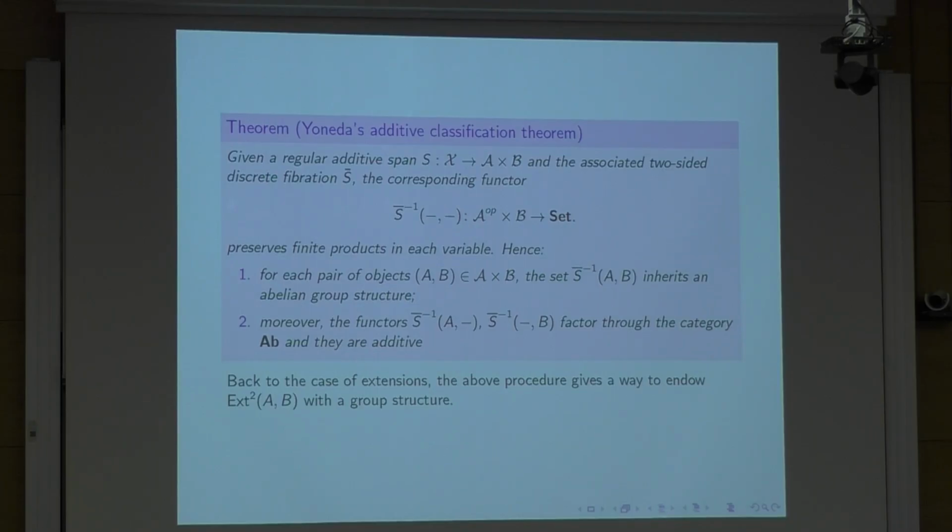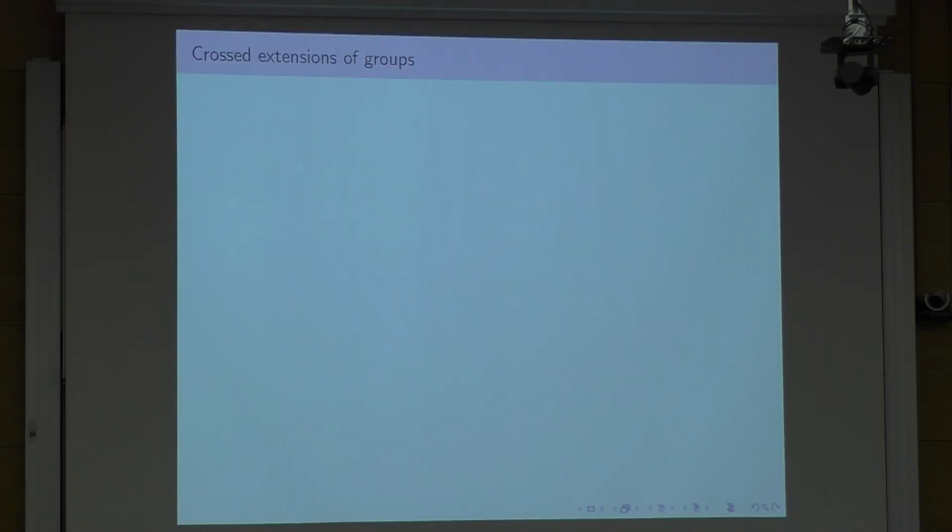So if you apply this result to the case of extensions, the above procedure gives a way to endow S2 AB with an abelian group structure. And this structure is the so-called Baer sum. And this is the case of extensions. This is the way we introduce the cohomology groups in the additive case.